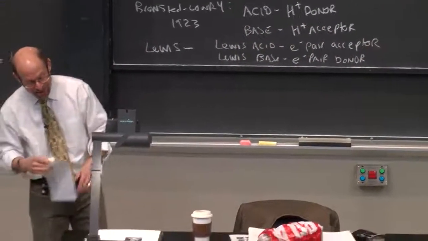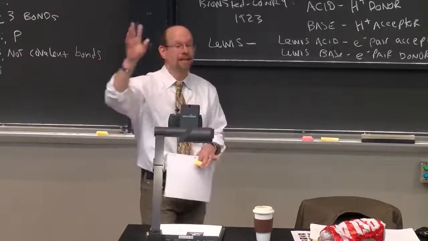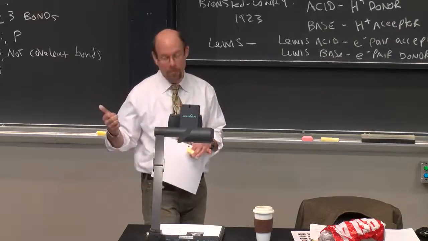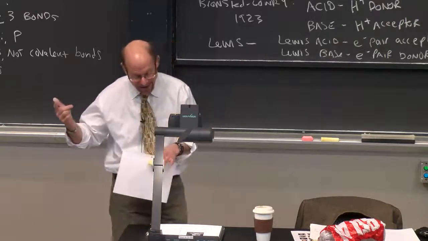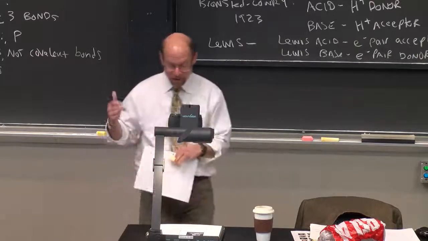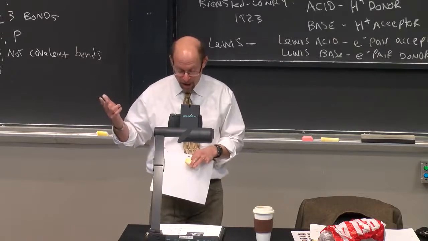Interestingly, just out of curiosity, Lewis is probably one of the greatest chemists of all time, in my opinion. Not only did he come up with the Lewis dot structure and the Lewis concept of acids and bases, he also reformulated thermodynamics. He coined the term photon.